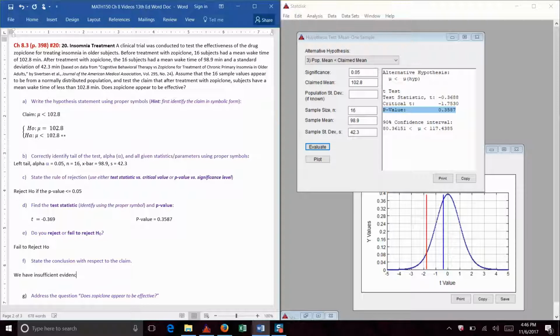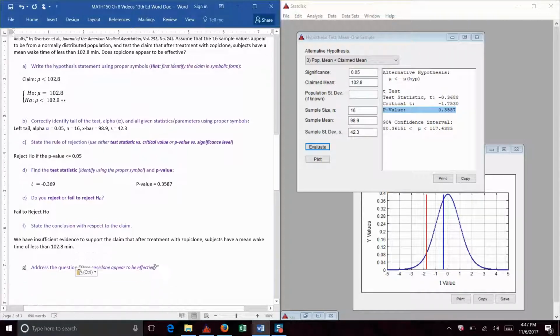So we have insufficient evidence to support the claim that, and then for the rest of that, we can literally just cut and paste what the claim was.